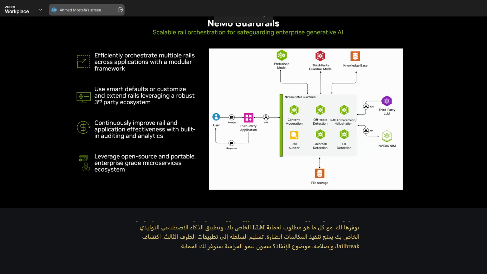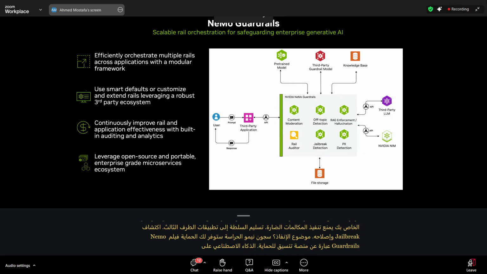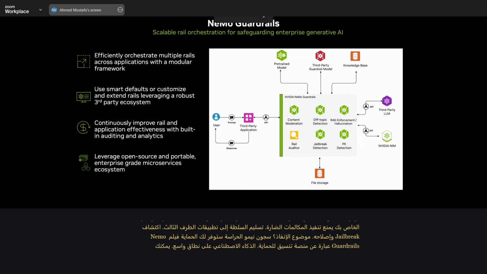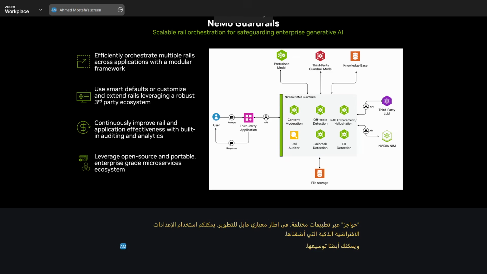NeMo Guardrails is an orchestration platform for safeguarding AI at scale. You can orchestrate multiple rails, or guardrails as we call them, across different applications in a scalable and modular framework. You can use the smart defaults that we have added, and you can also extend them, leveraging a number of integrations that we support across the ecosystem.